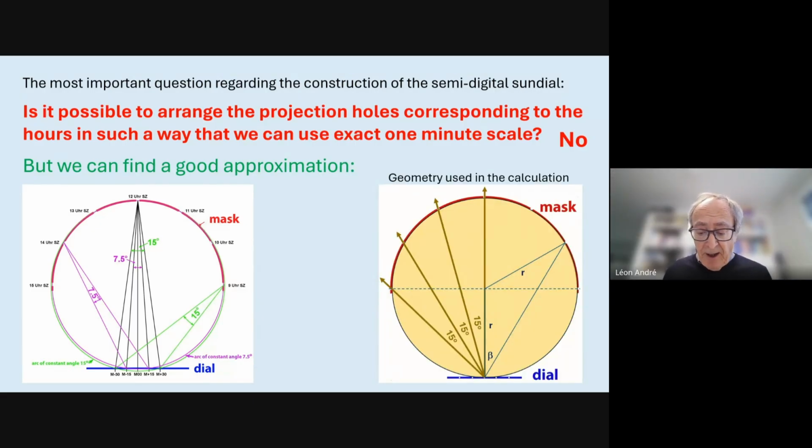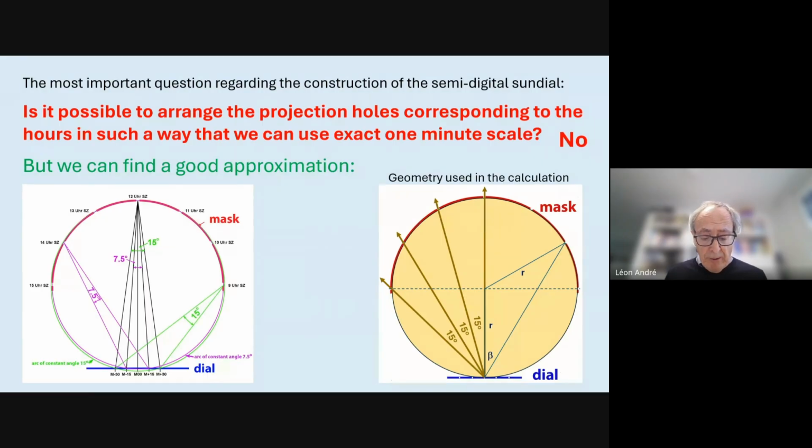For an hour scale, we would therefore choose a chord of the circle that corresponds to this. For a half-hour scale, however, we would need to choose a different circle with a chord closer to the arc. For a quarter-hour scale, the chord would be even closer to the arc.